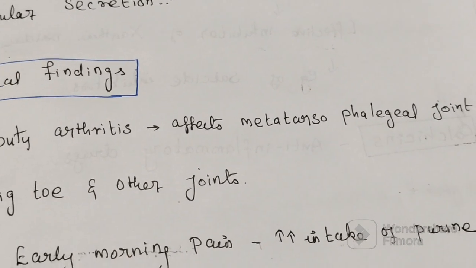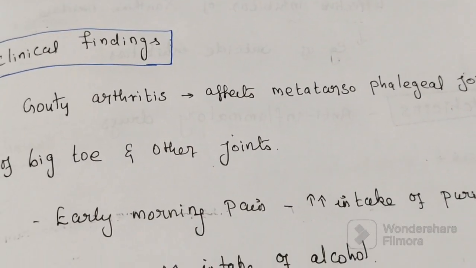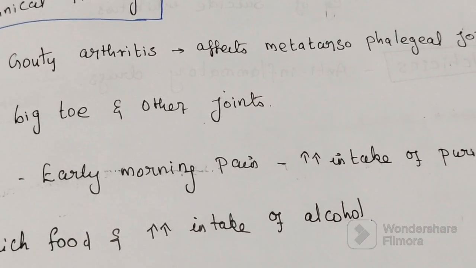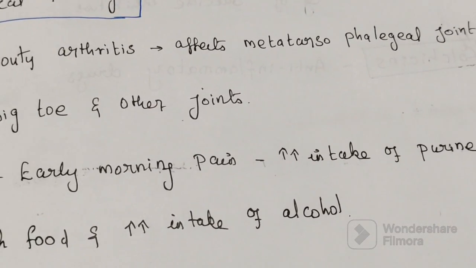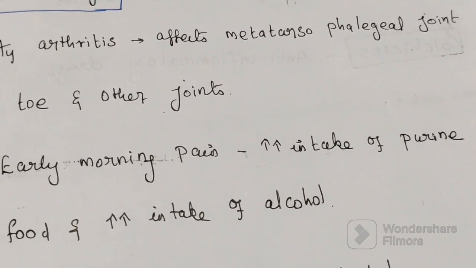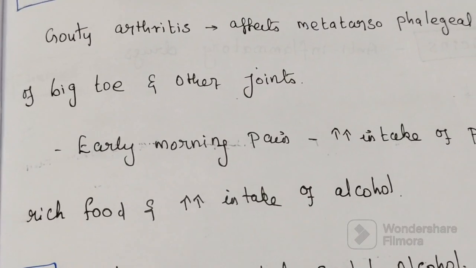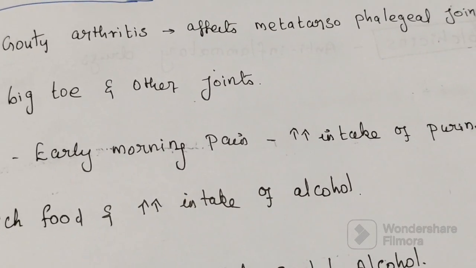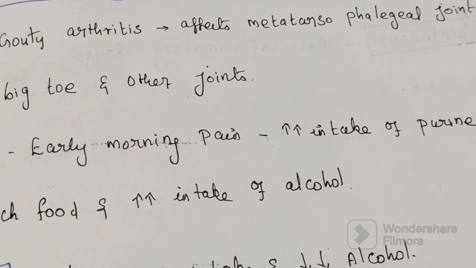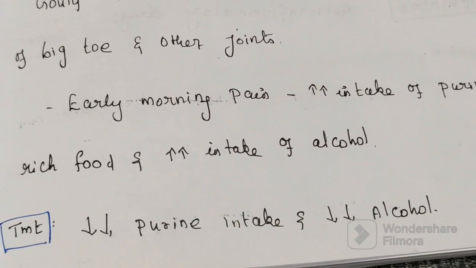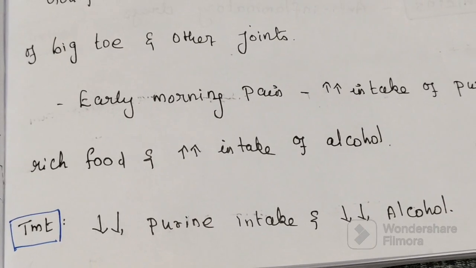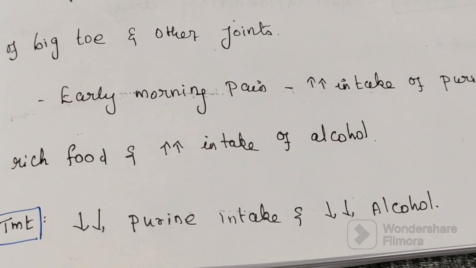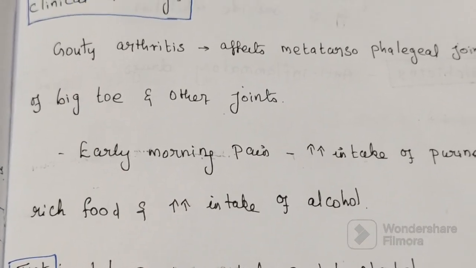There is early morning pain precipitated by high purine intake or high intake of alcohol. Kidney stones also occur. Treatment: decreased purine intake, that is a purine-containing diet, and decreased alcohol.